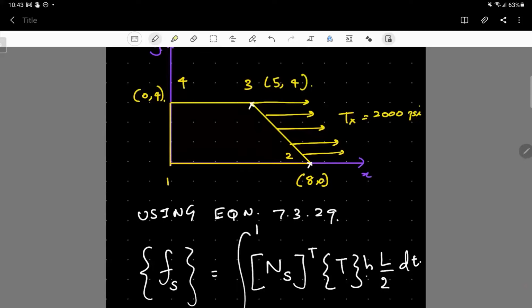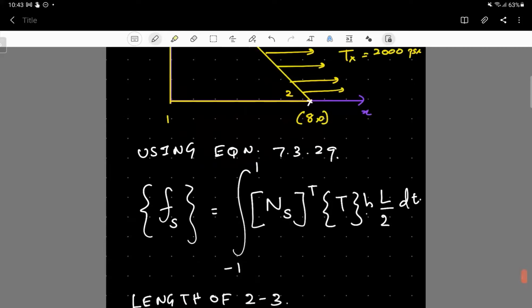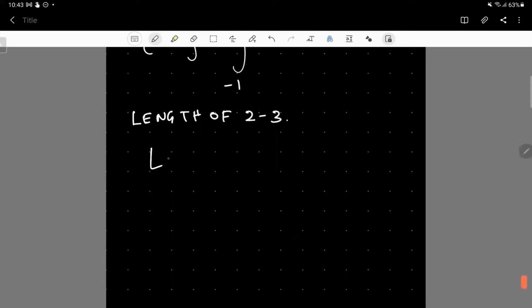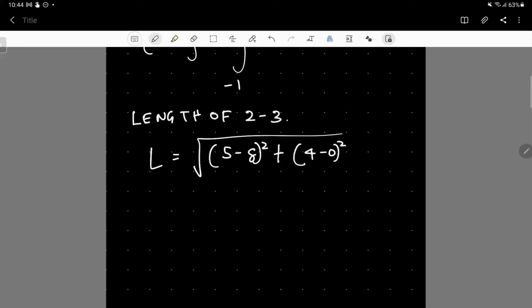We can find the length between 2, 3, where L is equal to the square root of the difference between the x coordinates, 5 minus 8 squared, plus the difference between the y coordinates, 4 minus 0 squared, which is equal to 5: 3 squared is 9, 4 squared is 16, so the length is 5.